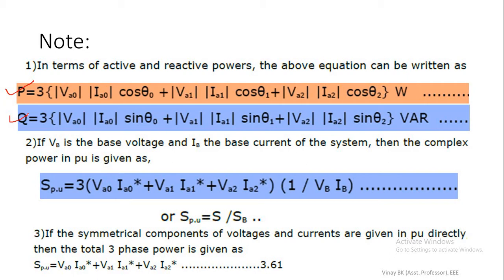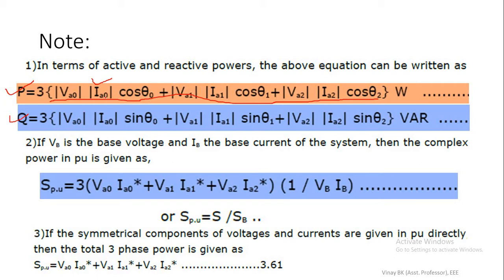So if it is active power, it is 3 into the bracket of zero sequence power plus positive sequence power plus negative sequence power. That is nothing but VA0 IA0 cos theta 0, the magnitude of VA0 into the magnitude of IA0, because power is a scalar quantity.